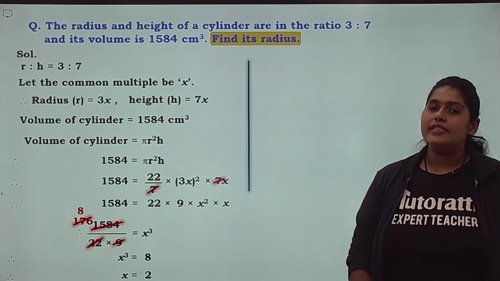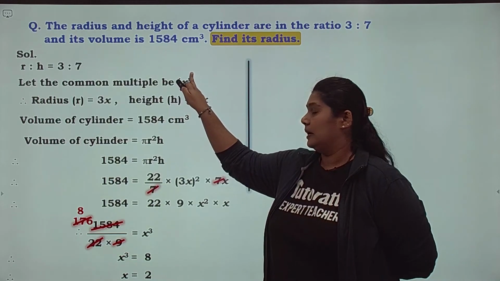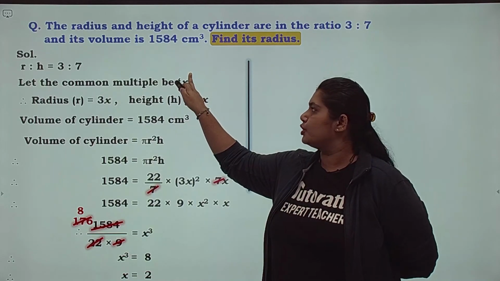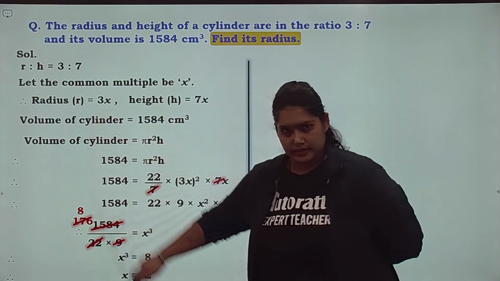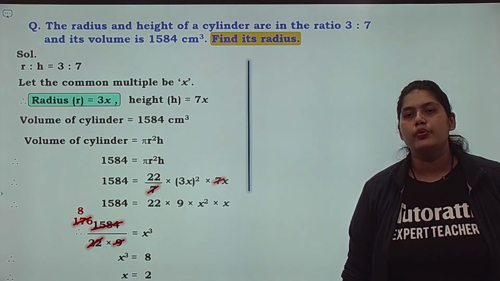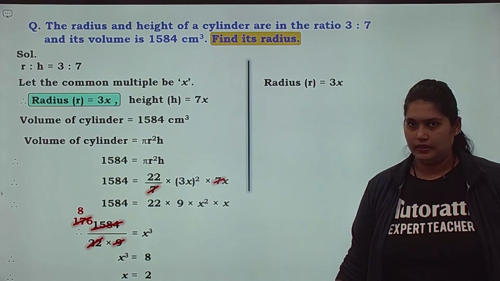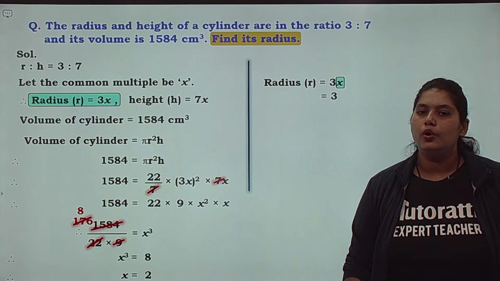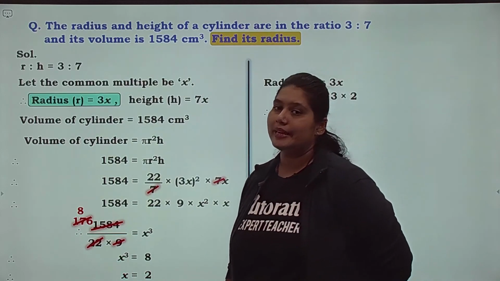Fine. Once I have the value of my common multiple x, my immediate next step should be replacing the value of x in this statement. Clear? So, what will be my radius? It will be 3 times the common multiple, right? So, 3 into what is x? It is 2. So, 3 into 2 is going to give me 6.